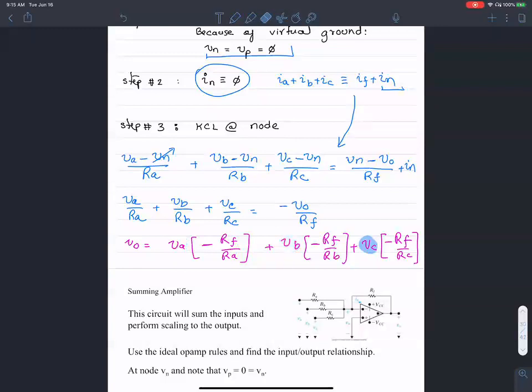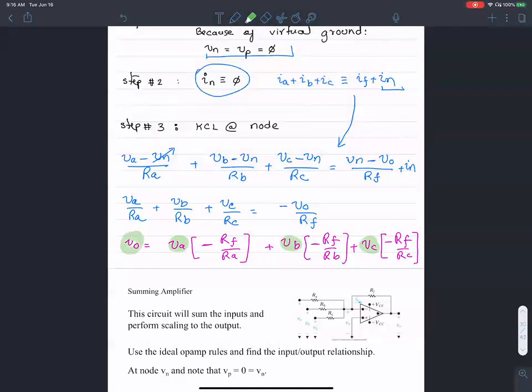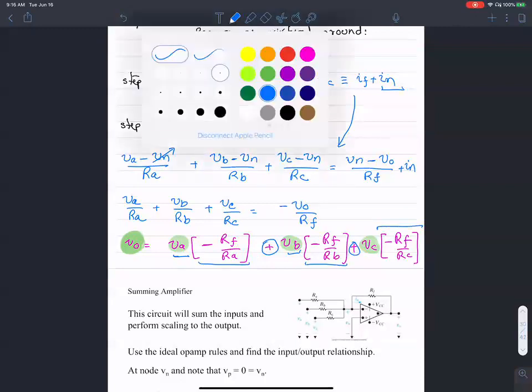When I'm applying 3 inputs to the inverting terminal, VA, VB, and VC, the output is essentially a sum of VA multiplied by some gain, VB multiplied by a gain, and VC multiplied by a gain.